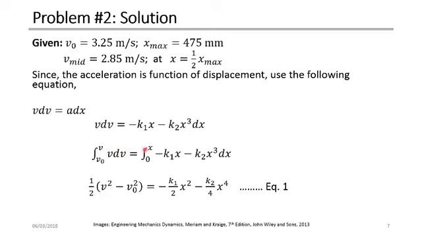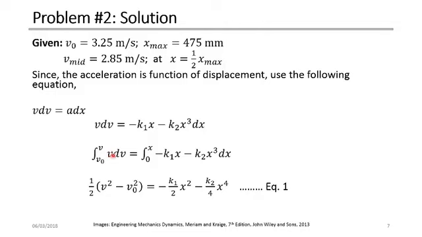So we can integrate the left and the right hand sides here, and because we are given the initial velocity, it's between v0 and v, and the undeformed shape at the beginning is x0 equals 0, to any value x of this acceleration that is given as a function of displacement.